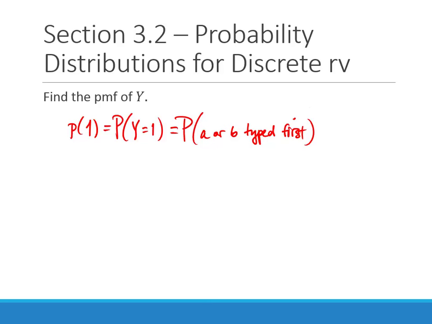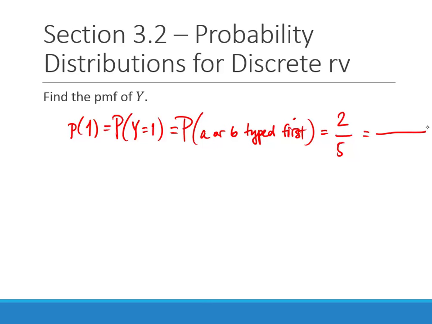So if either A or B comes first in my list of 5 things here, then my random variable y is going to equal 1. Is that okay? Why y equals 1 corresponds to A or B being typed first? Okay, so then what's the probability that I choose A or B out of those 5 letters? 2/5. Exactly right. So if you can make that jump immediately, that's fine.